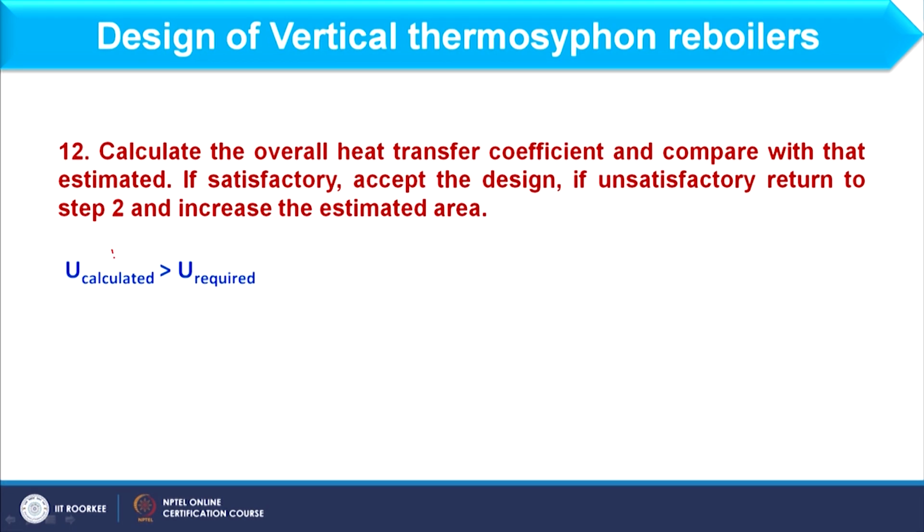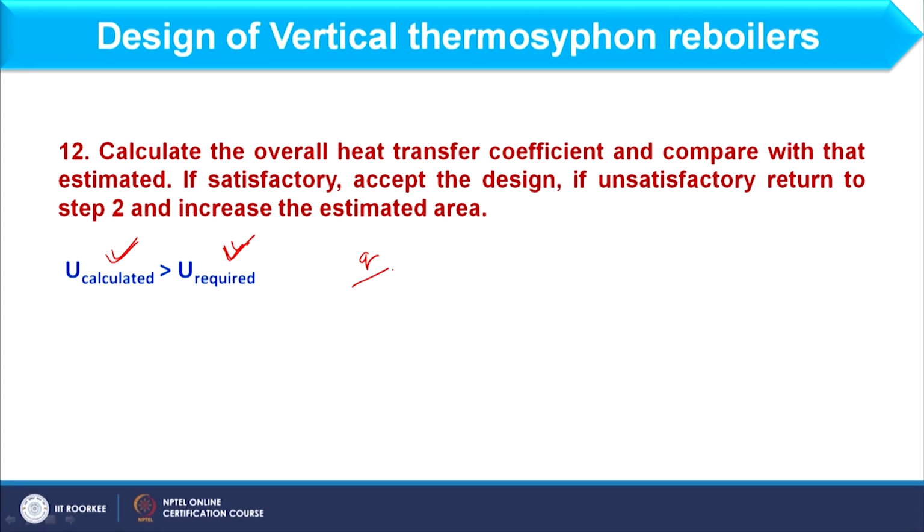So, you have already found this from the thermosyphon reboiler calculation, and what you required or estimated, you can find from the system because you already know the heat flux. Okay. Unless you fix the Q value, you cannot proceed further. Okay.